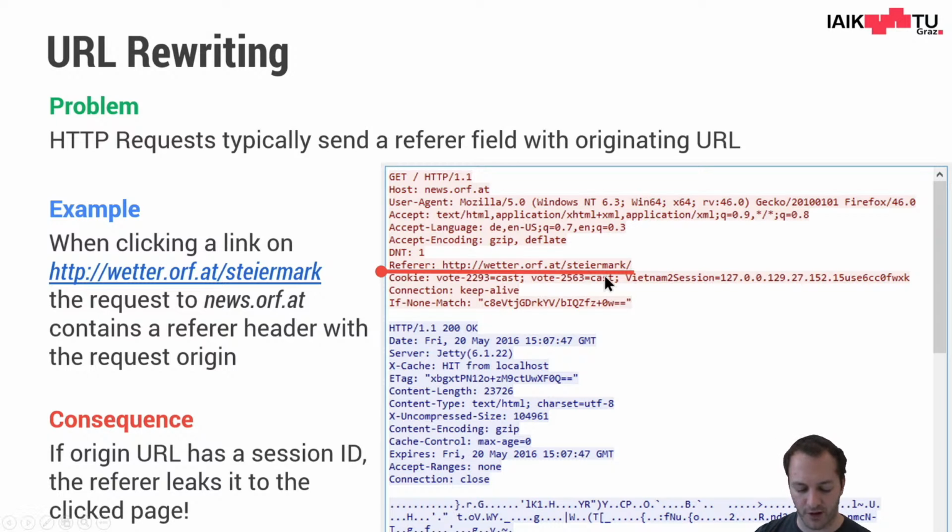Then my browser would include an HTTP header named referrer, and that would show the target website where I'm coming from. Now, if there was a session ID in addition, then the session ID would also be sent to the target website, and it would show up there in the log.